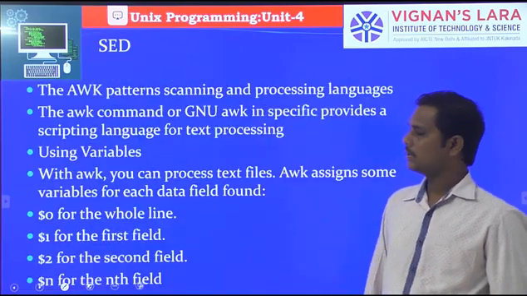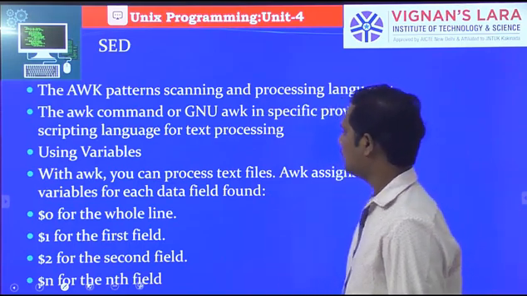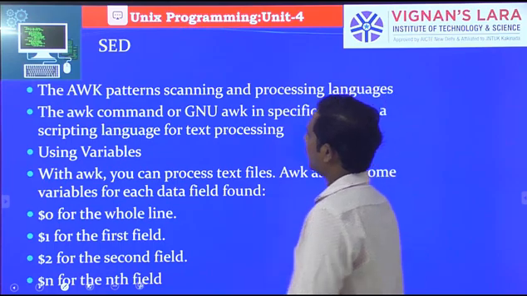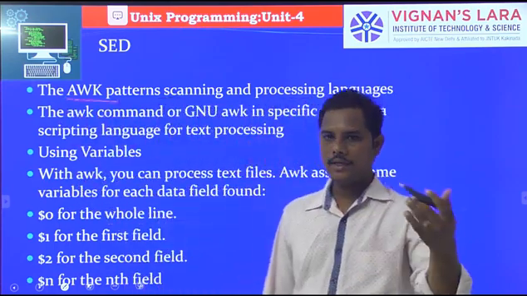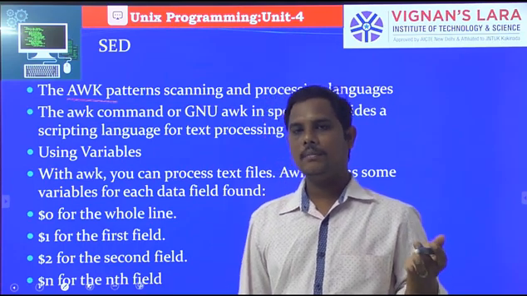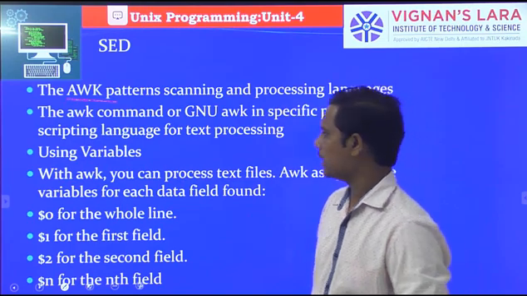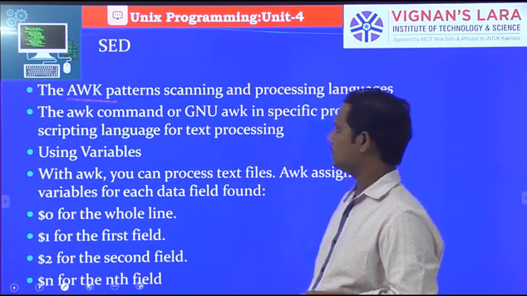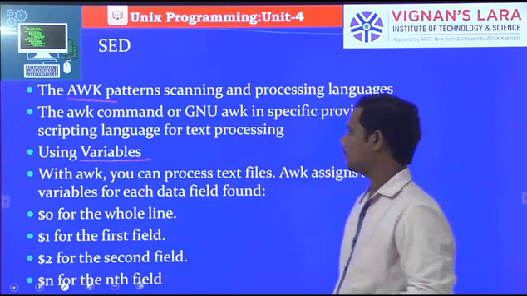So in the sed command, more options are there. Here awk, Aho, Weinberger, Kernighan command. Actually, this is another command. This command also works along with the sed command. In programming languages also, we can directly use that. It contains variables.